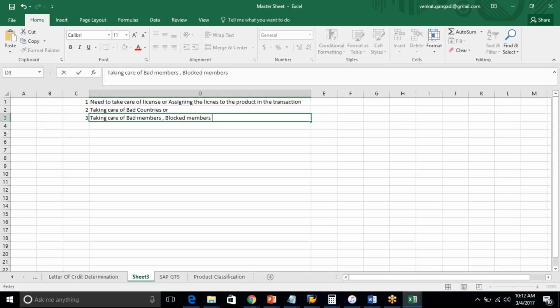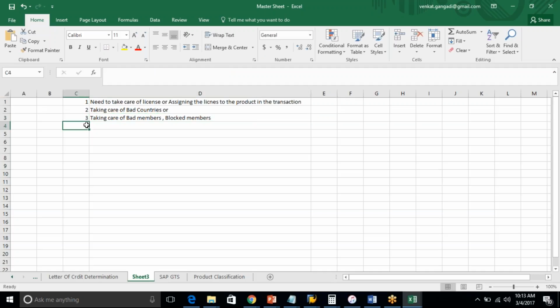So whenever your client's country publishes those bad members, it is your responsibility as an exporter or importer to take care of all those blocked members. That is the third regulation, the third rule we need to consider. And apart from that, anything else?